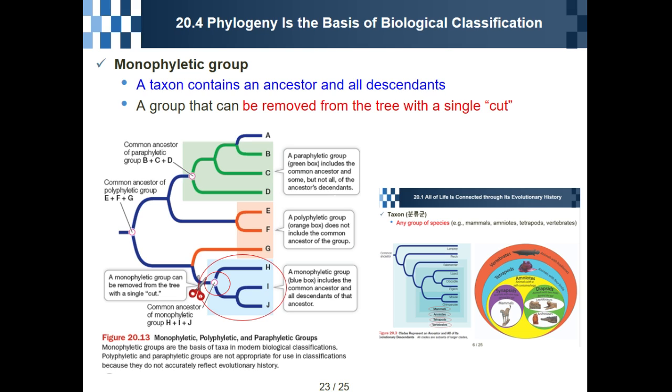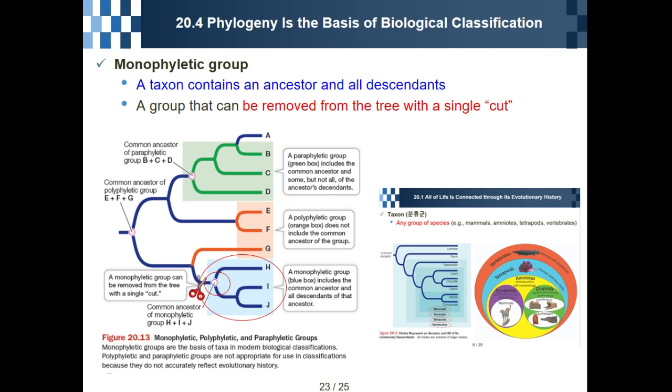Okay, so this group can be cut from the tree with a single cut. With a single cut, this can be removed from the original tree. It's like this. So this one we call the monophyletic group. You have to know this to solve the final term exam.